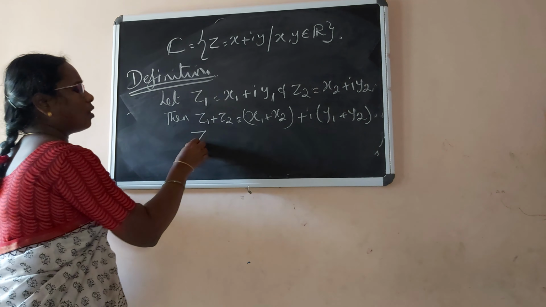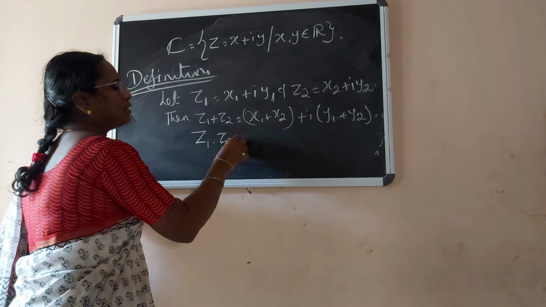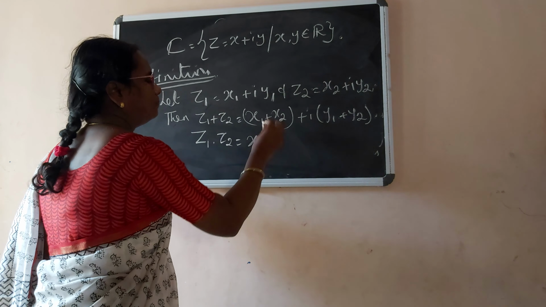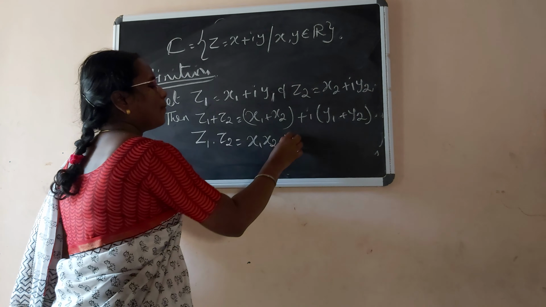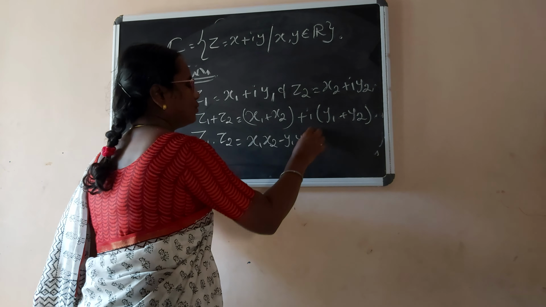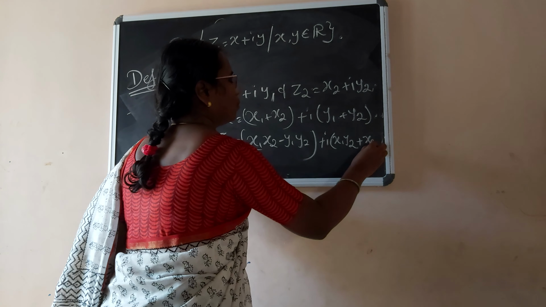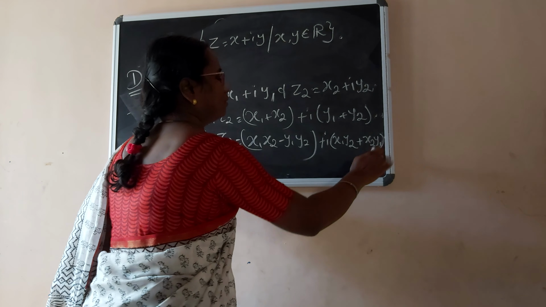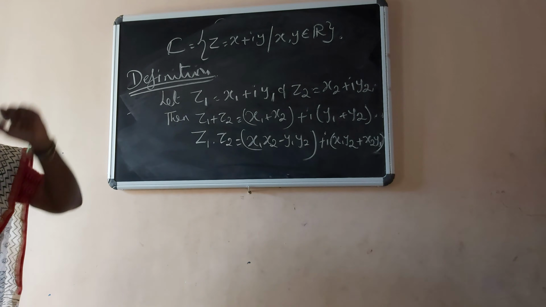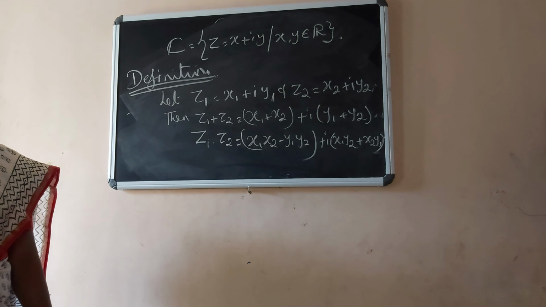And the multiplication of two complex numbers, z1 z2, is equal to x1 x2 minus y1 y2 plus i into x1 y2 plus x2 y1. This is the addition and multiplication of two complex numbers.